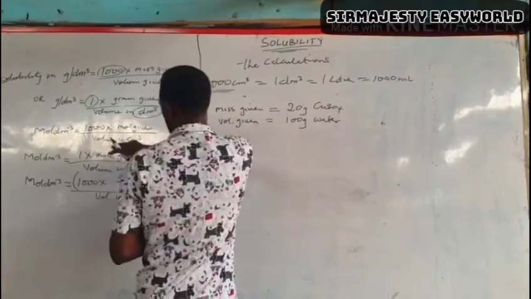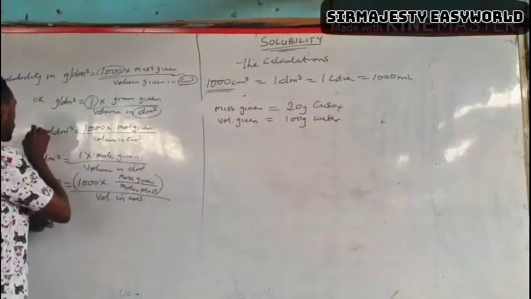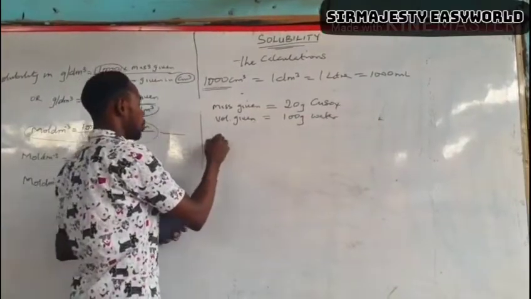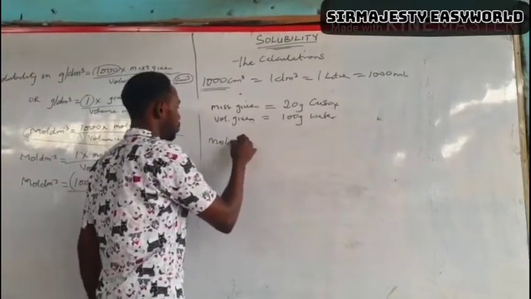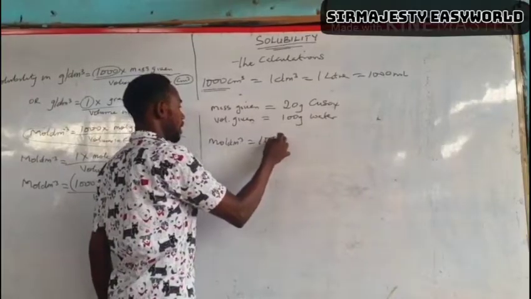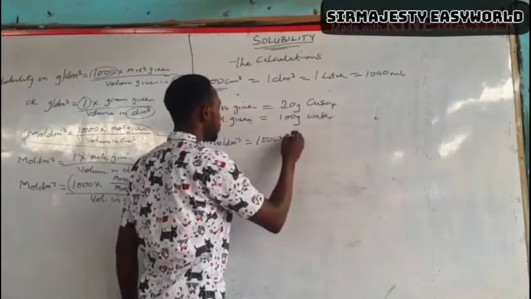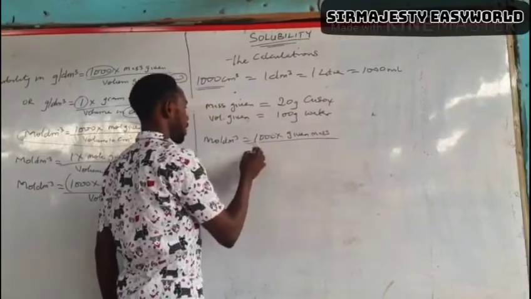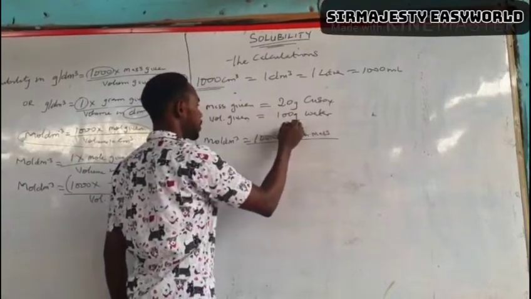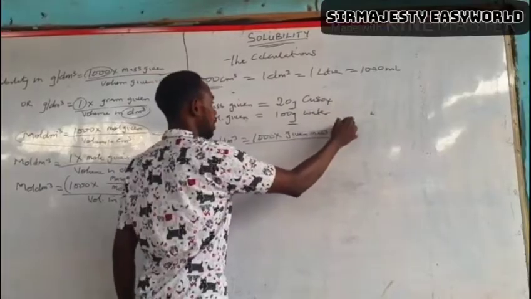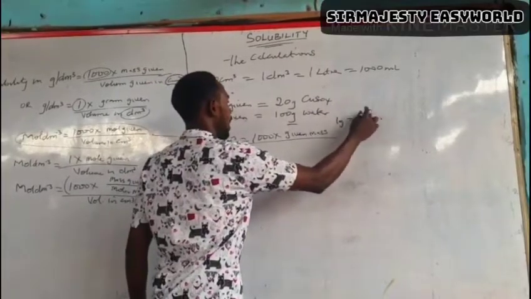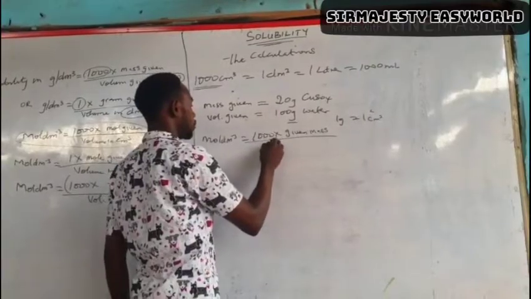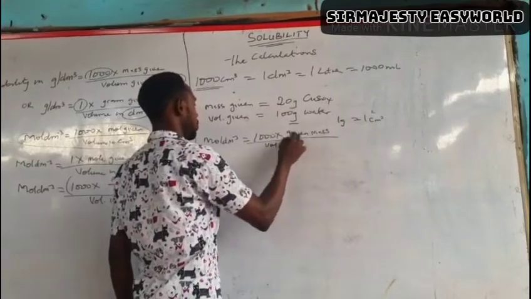Therefore, go back to this thing here. You use this sheet, which says what? The mole per dm³ is equal to 1000 times the mass given, divided by the volume given in cm³. This gram is equal to cm³, 1 gram equal to 1 cm³ as far as water is concerned. So all over volume given. Simple.